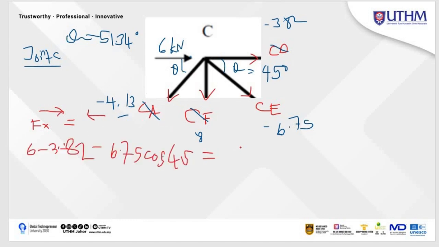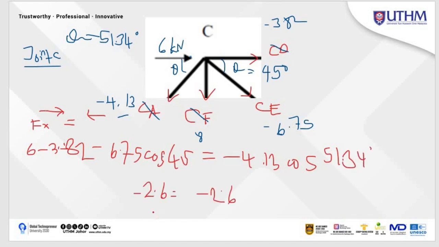Do we have another direction, CA, which is negative 4.13 cos 51.34. From here we can find that Fx in both directions is balanced.